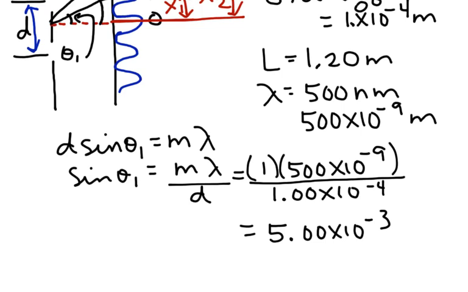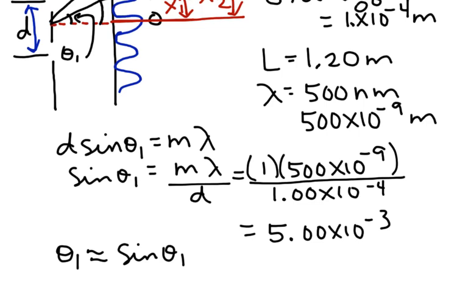Now what this means is theta sub 1 is a very, very small number. And when theta sub 1 is a small angle, then my theta sub 1 is almost exactly the same thing as sine theta sub 1. So in this particular problem, I'm going to replace sine theta sub 1 with just theta sub 1.